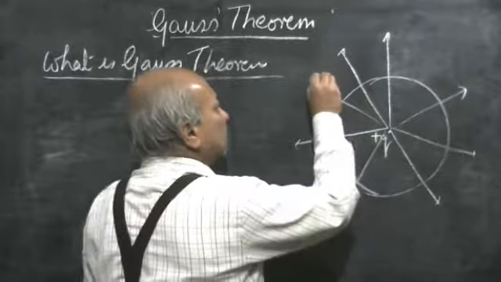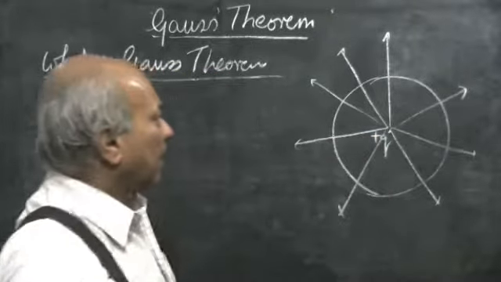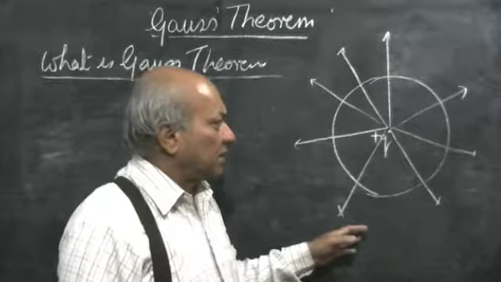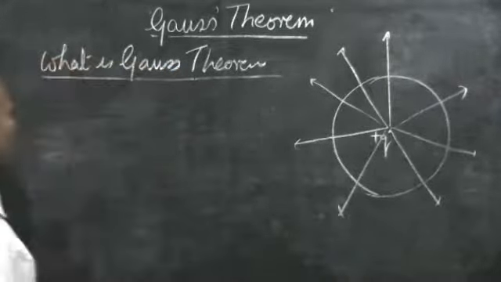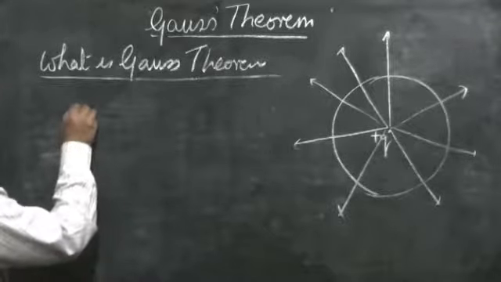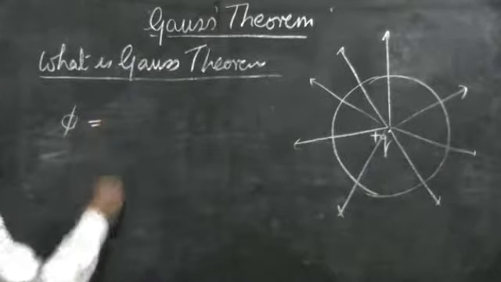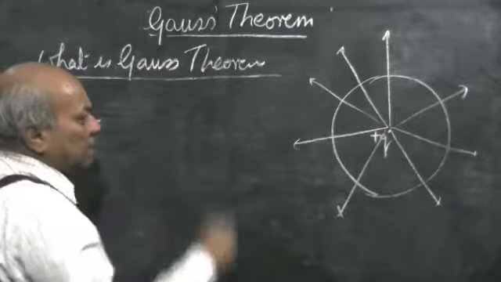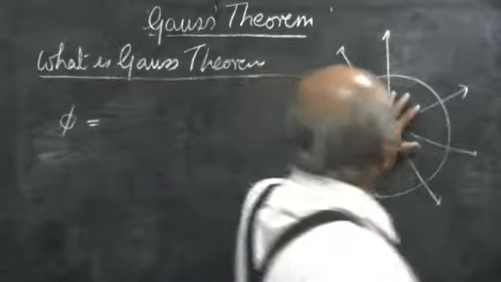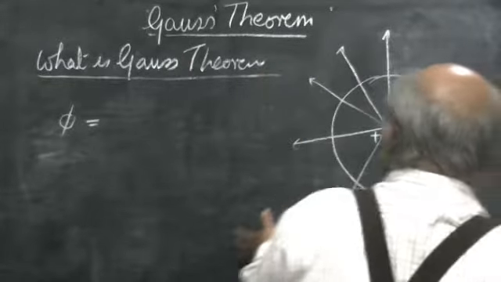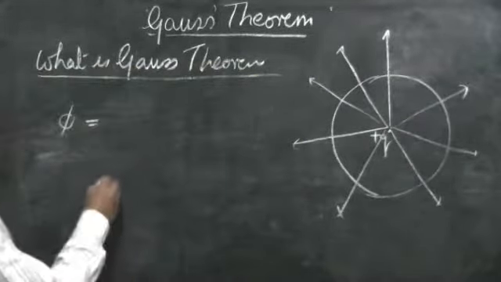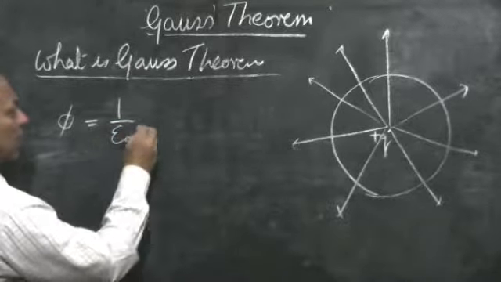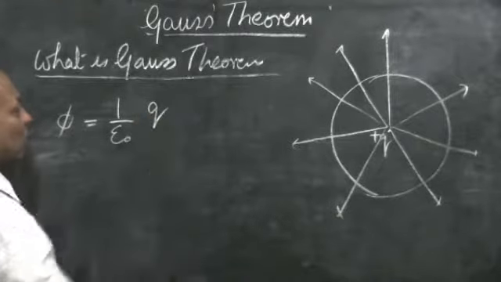Since electric lines of force are imaginary, nobody can see them. Therefore, Gauss says flux, this represents flux, is equal to the number of electric lines of force passing through this surface, which is equal to 1 upon epsilon naught times the charge Q enclosed.